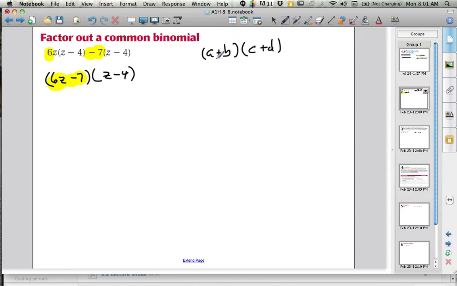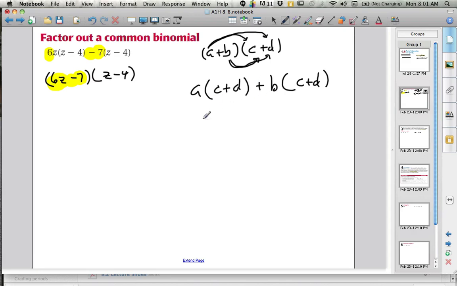We're used to this. I know that I have to have a times both of these items, and I have to have b times both of these items. And we normally do one at a time. I do a times c and a times d and b times c and b times d. But if we think of it just as an initial step, the first thing I'd have is a times both of those items, and then I'd have b times both of those items.